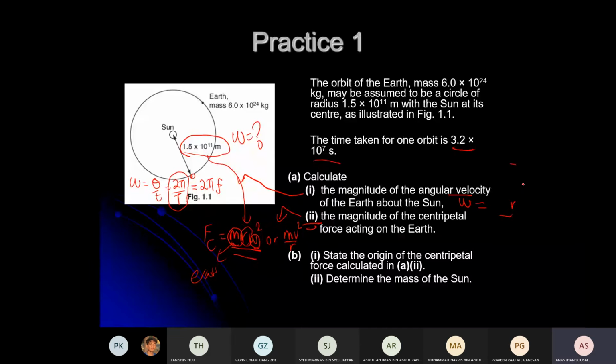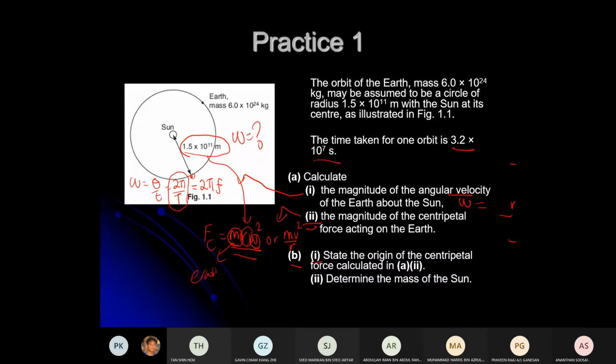I think part A entirely has circular motion knowledge. Now comes in the gravity knowledge. B1. Anyone? State the origin of the centripetal force calculated in A2. What contributes to the centripetal force here?